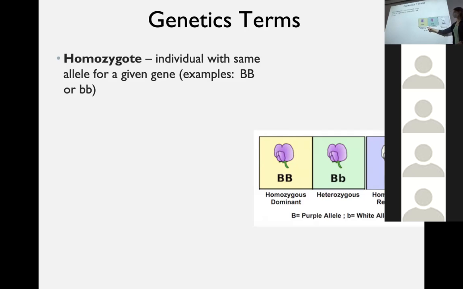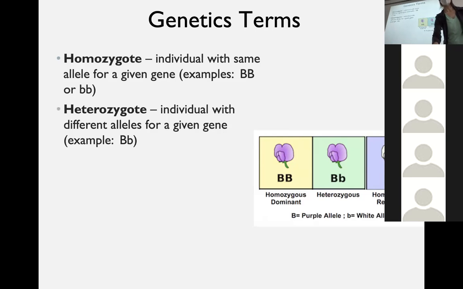You can be homozygous dominant or homozygous recessive, depending on whether the plant has the little b or the big B allele. But either way, it's the same one. They don't have a mixture. They don't have a big B and a little b. That's going to be considered a heterozygote. So a heterozygote has 1 dominant and 1 recessive.